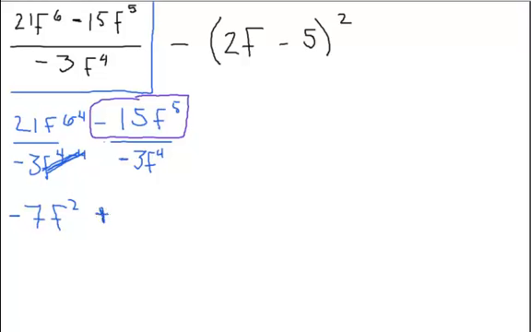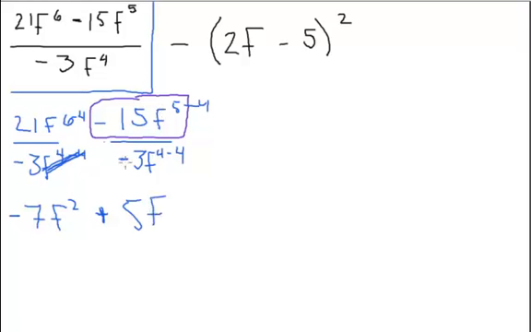So make sure you look at what this number ties into. Where does this subtraction come into? It comes into the 15. So that's why it's negative 15 divided by negative 3, which gave me a positive 5. Then again, f^5 over f^4, I'm going to subtract by 4 and I'm just left with f^1, or just f.